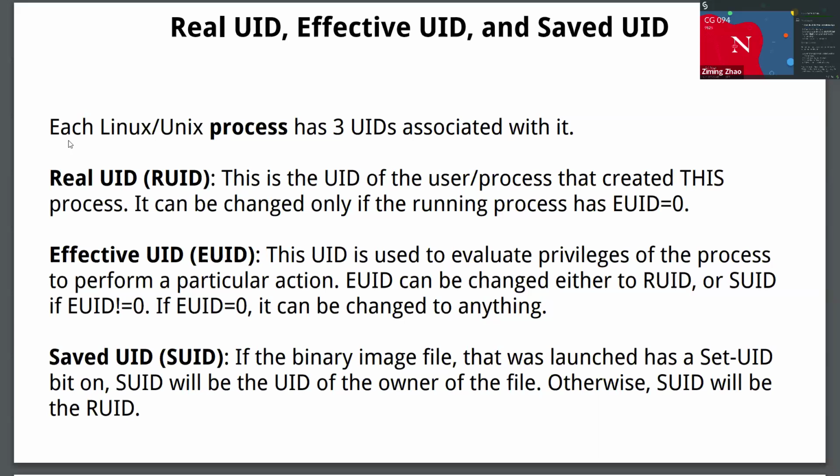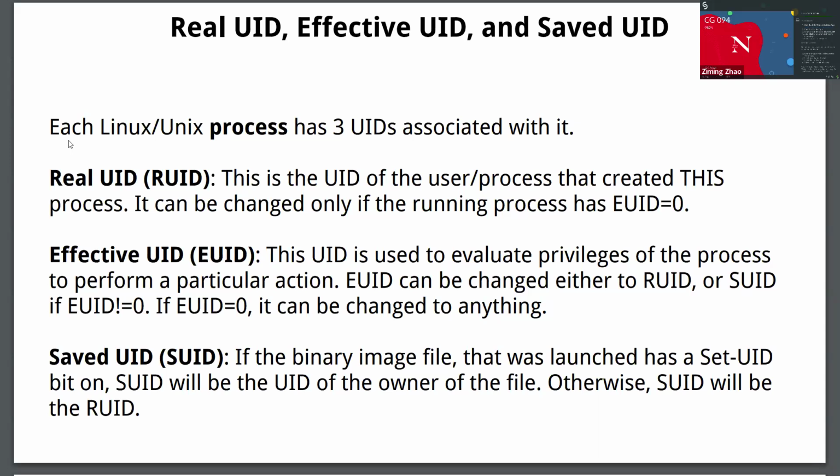Then there are 3 user IDs in Linux. The first one is called the real UID, the real user ID. Then we have the effective user ID and the saved UID. What is important for this class is more the real UID and the effective UID.